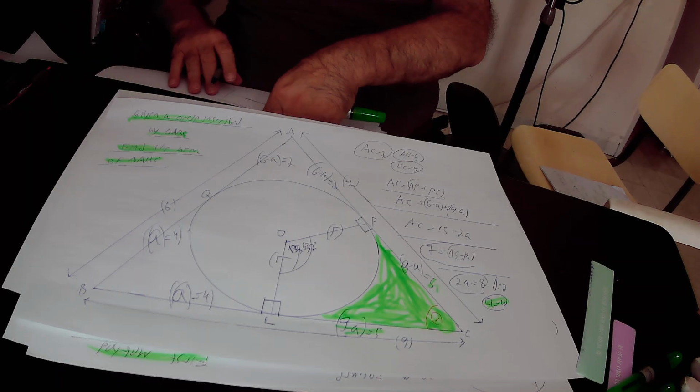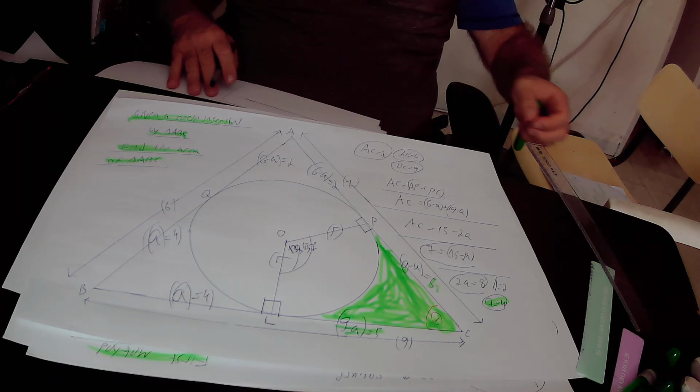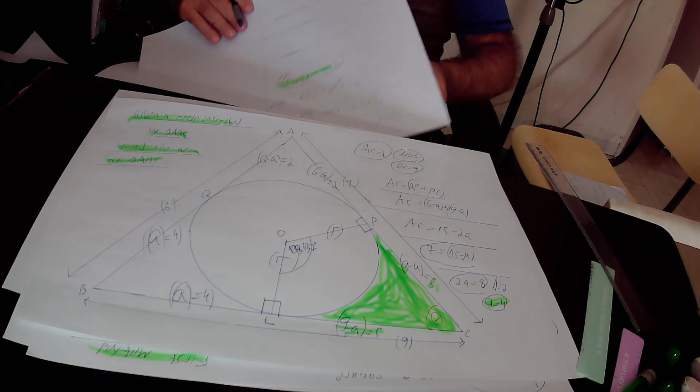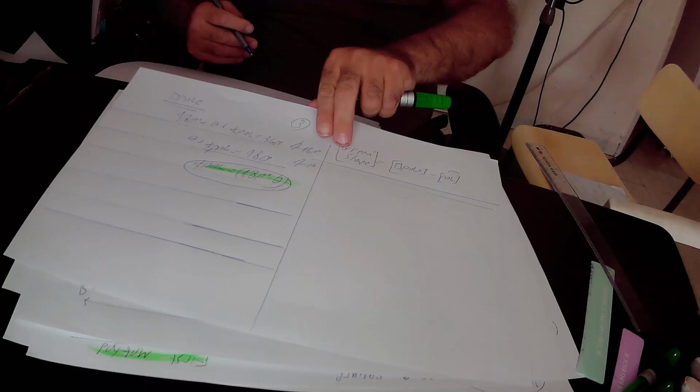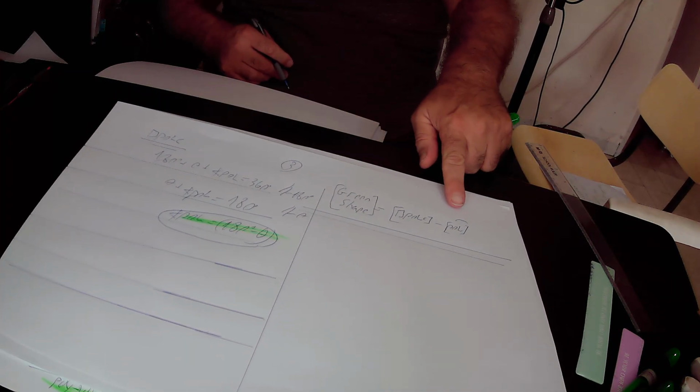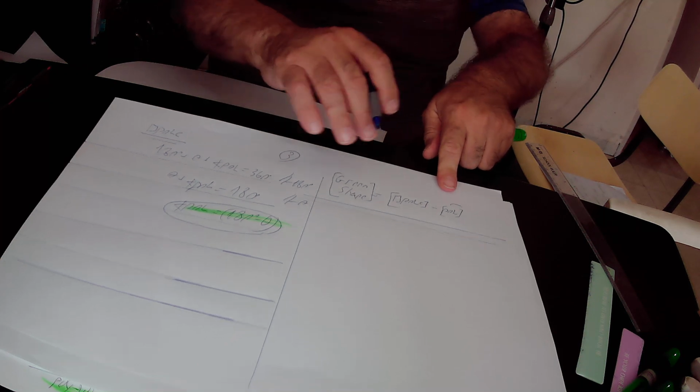And again, the area of this green shape in total is equal to the area of quadrangle POLC minus the area of sector POL.